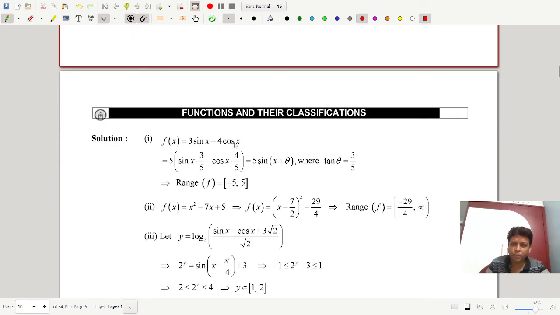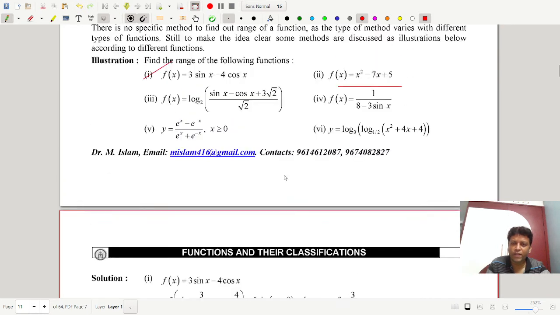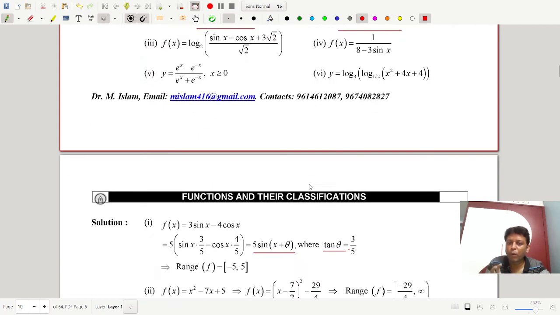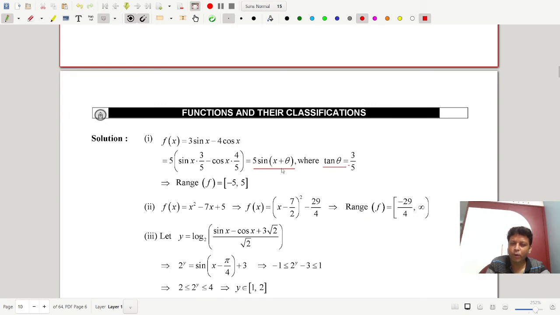So 3 sin x minus 4 cos x, we can write 3 by 5, 4 by 5. And tan theta you can write 3 by 5. So always if you have a trigonometric expression, sine, cos, your target will be to bring it to a compact form, maybe using compound angles. So I am using compound angle here.